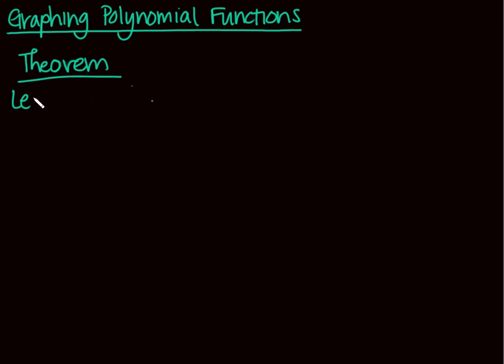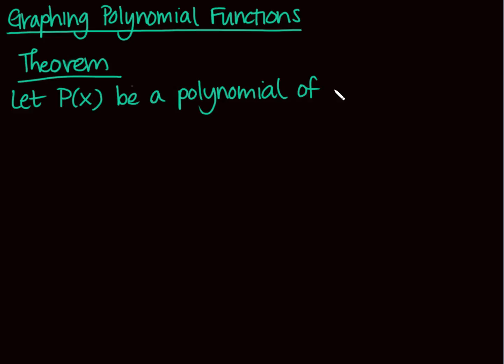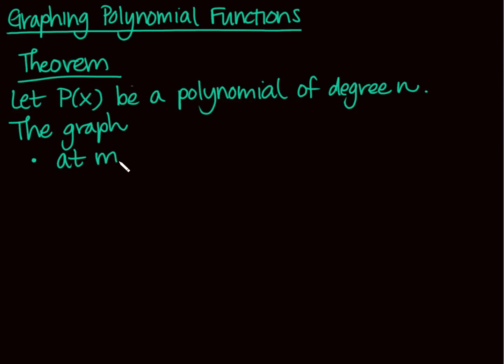So let p of x be a polynomial of degree n. Then we know a couple of things about the graph of p of x. It has at most n real zeros, at most, you guys.